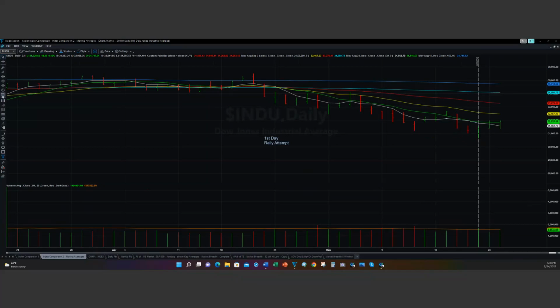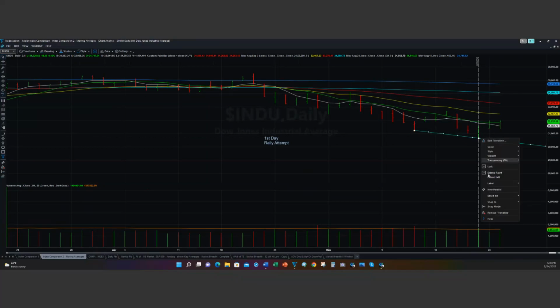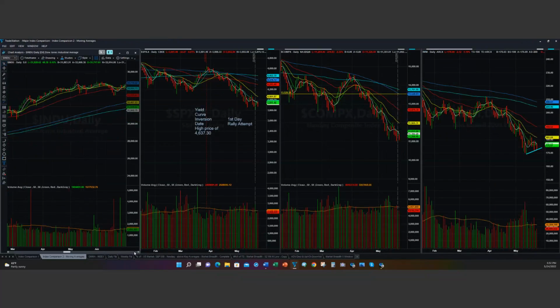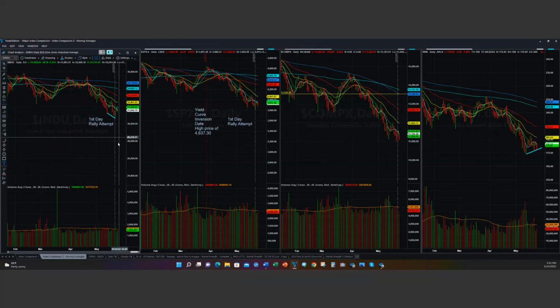If we take the same trend line and draw it here, you're going to see the Dow Jones made a lower low. I'll make it a little thicker so you can see it. So the Dow Jones made a lower low, but the Russell 2000 made a higher low. That's a non-confirmation. Normally the indexes confirm one another. So you got the Dow Jones making a lower low.